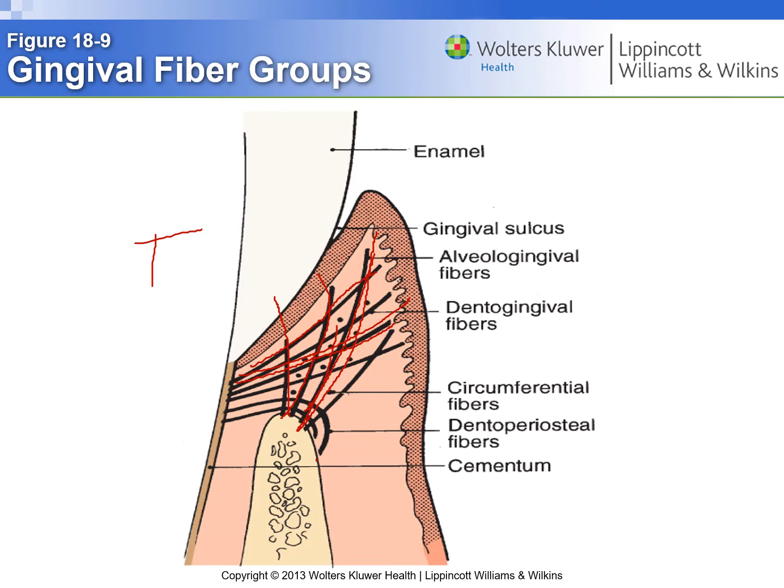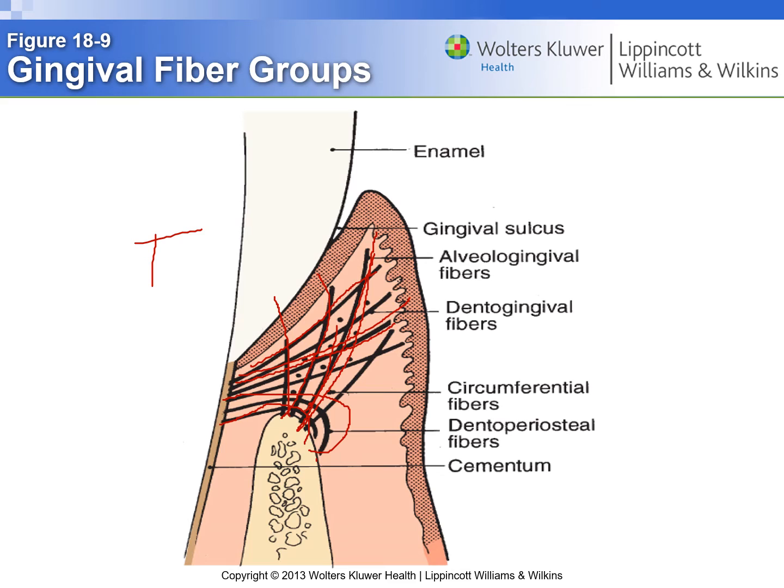Then you have the dentino-periosteal fibers. This is going to be from the bone on this side, and it's going to go around and go into the dentin. So it goes past the cementum and into the dentin.